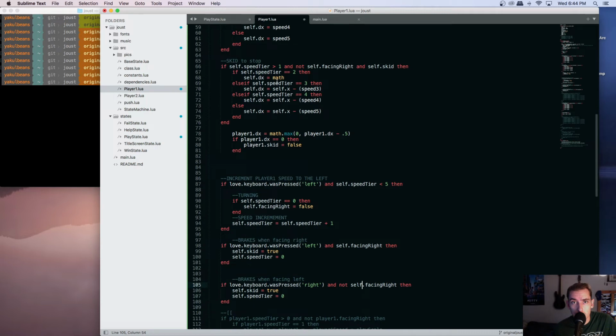So what was I doing here? See, the skid and the brakes need to be basically put in the same place.